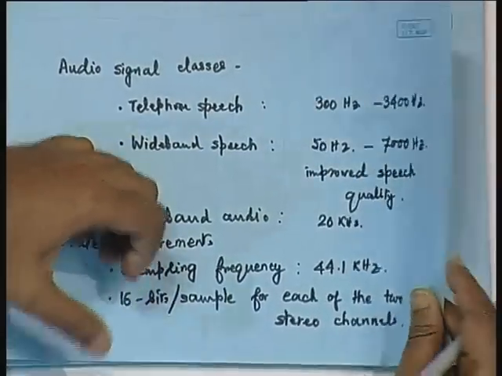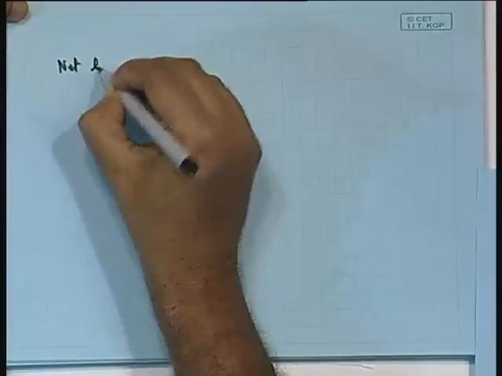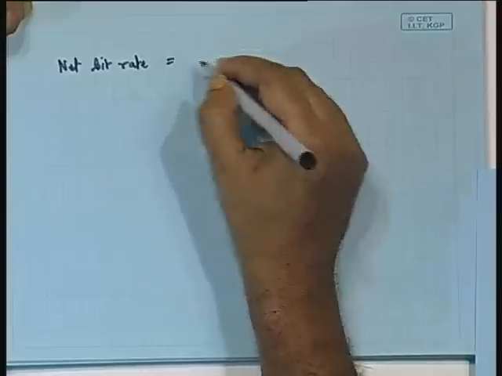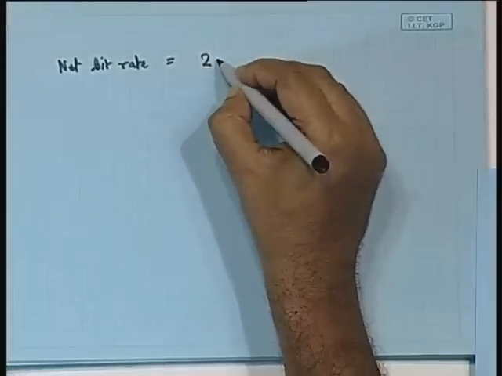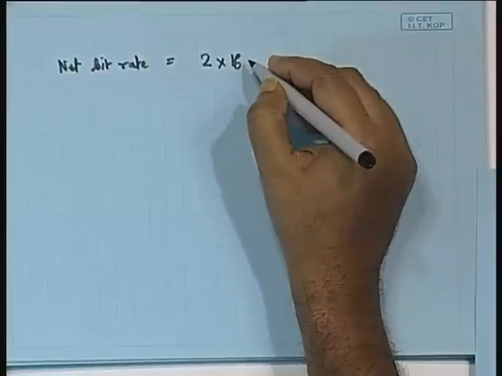And you find that the net bit rate works out as follows. So, net bit rate is 2 because of the 2 stereo channels, each stereo channel requiring 16 bits per sample.